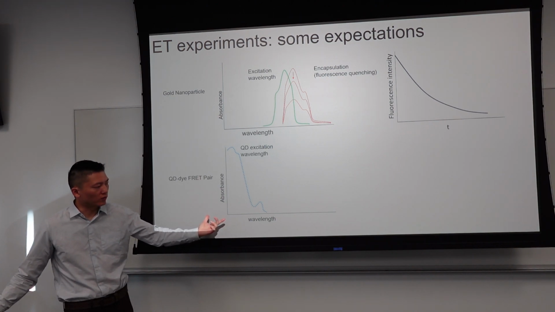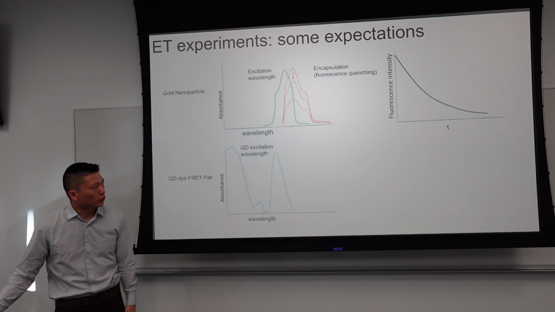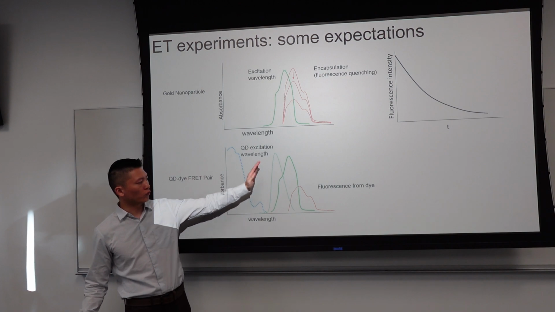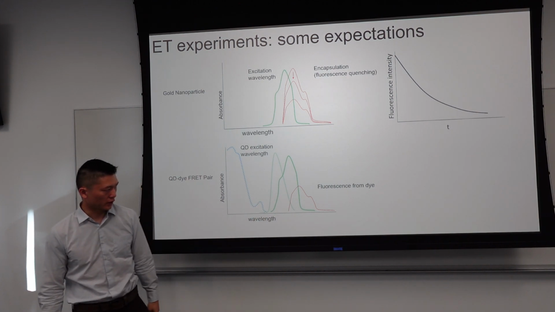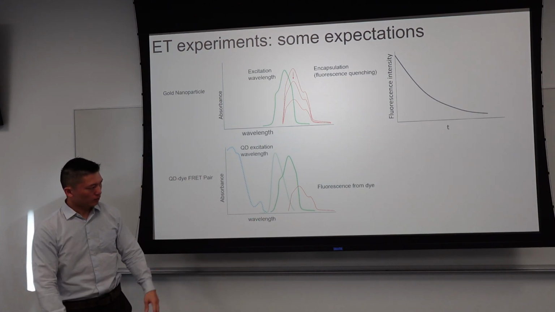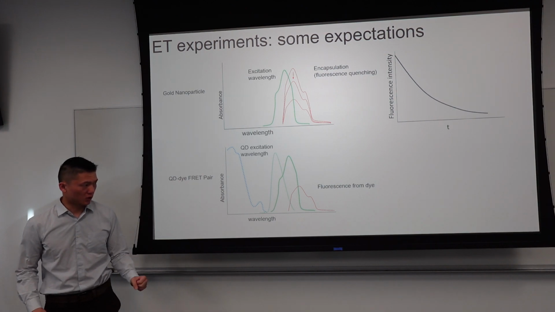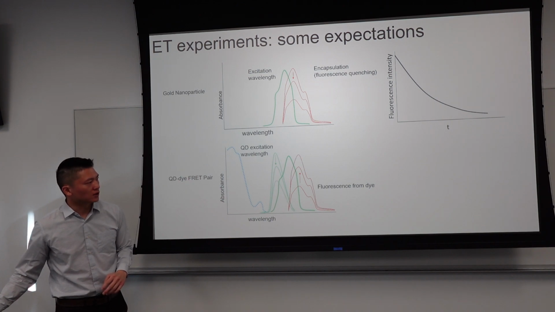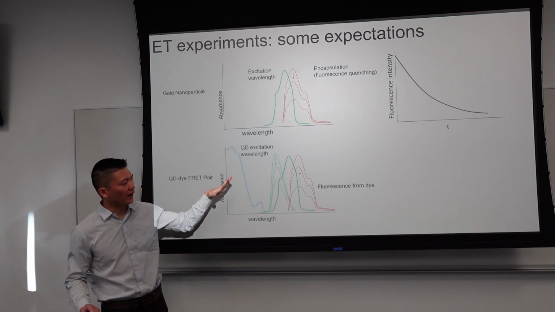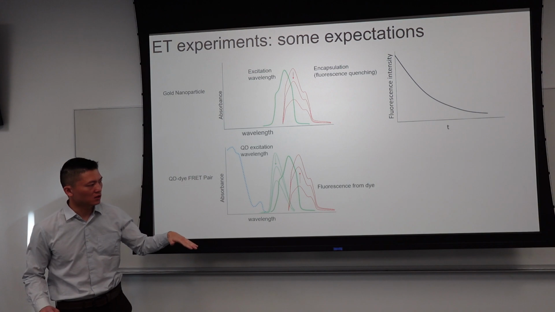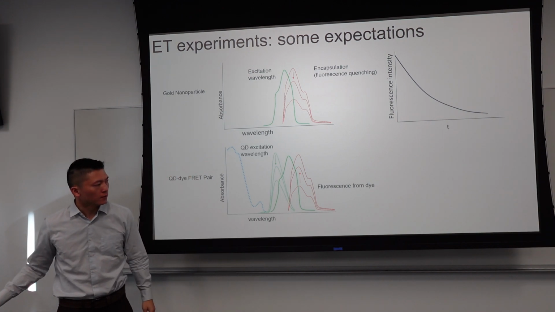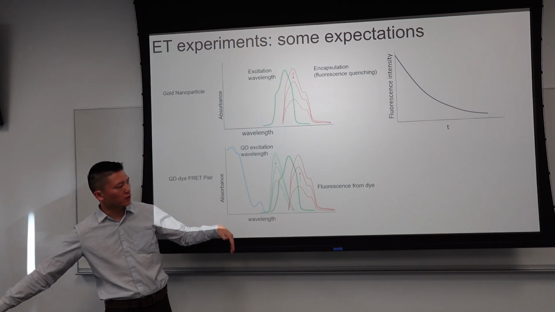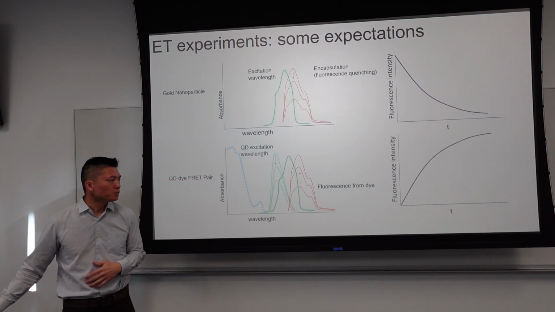And then of course, if it's the quantum dot-dye FRET pair, then the quantum dot has a broad excitation wavelength in the UV. The quantum dot emits in the green, which should have good spectral overlap with the dye, shown in bold green here. Then we would get some emission from the dye upon encapsulation. Over time, we would see the quantum dot decrease in its fluorescence intensity in the green, and the dye increase.